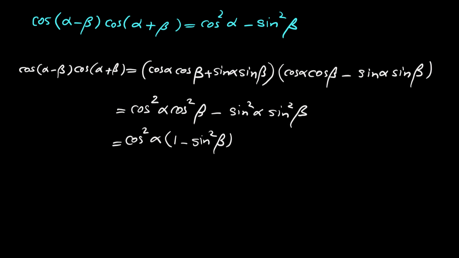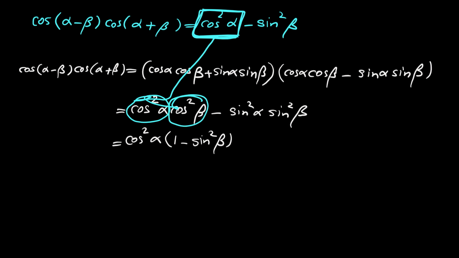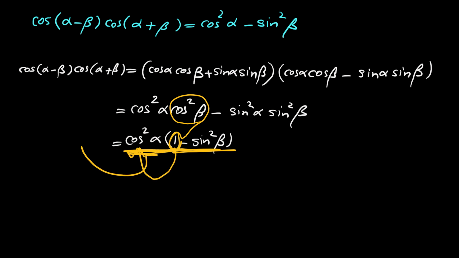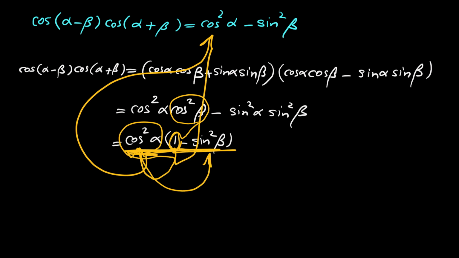I told you this is a really challenging example, but the reason is that I want to have cosine to the 2 as a single term. If instead of this I had 1, then 1 times this would be exactly this. For that reason, I remember that cosine to the 2 is 1 minus sine. Now 1 times this at least would give me this term. I know I have another term, but let's think about that later.